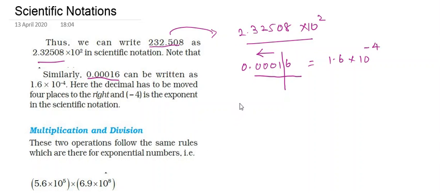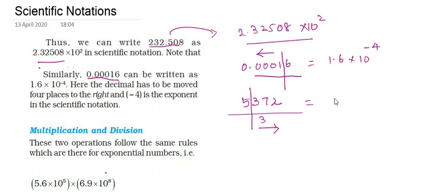Suppose it is 5372. What am I supposed to do? We can take a single digit like this and just count how many digits are after that. 1, 2, 3. So 3 digits on the right side.